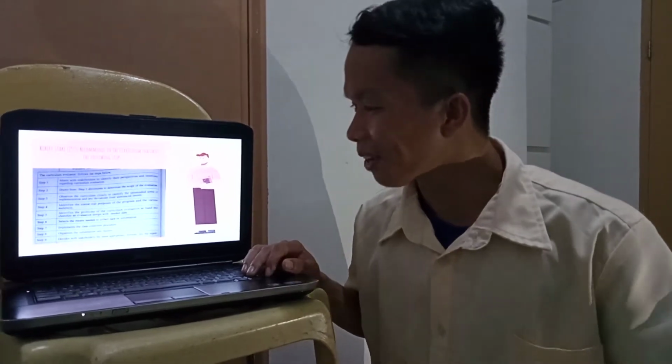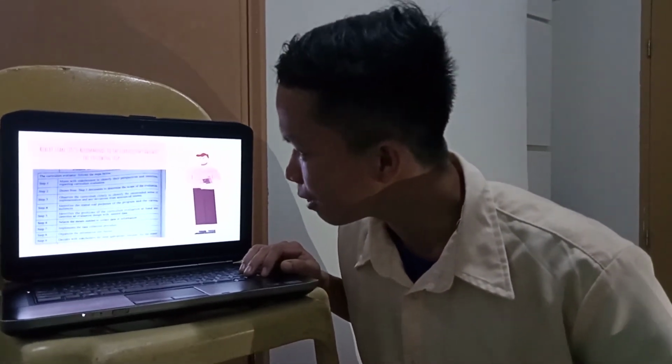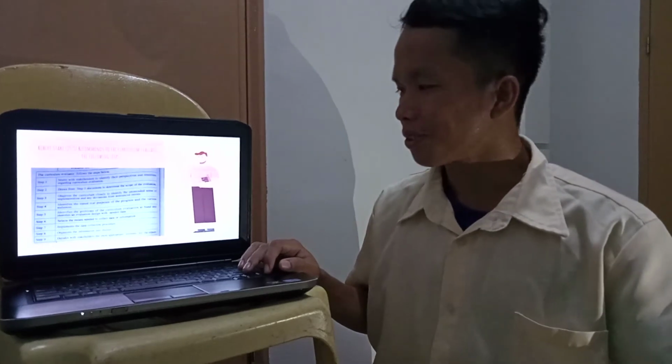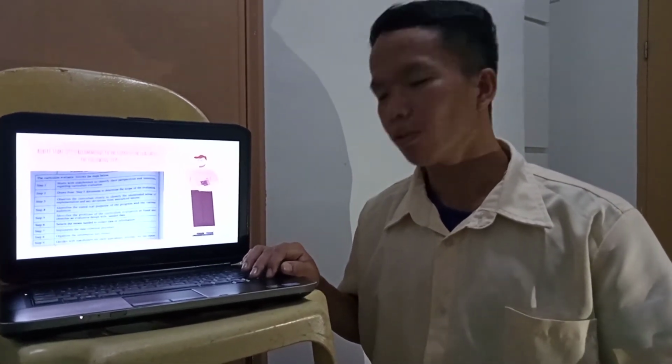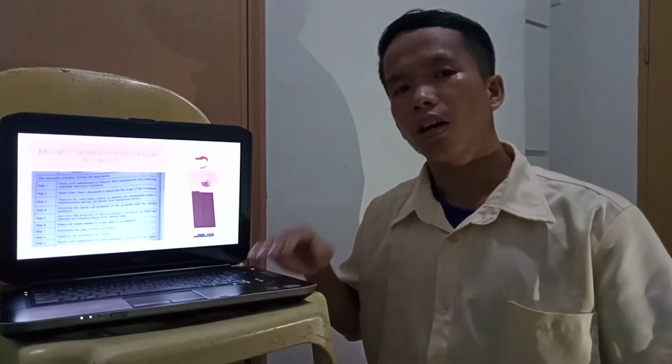Step 5, identify the problems in curriculum evaluation at hand and identify an evaluation design with needed data. So you gather the data.